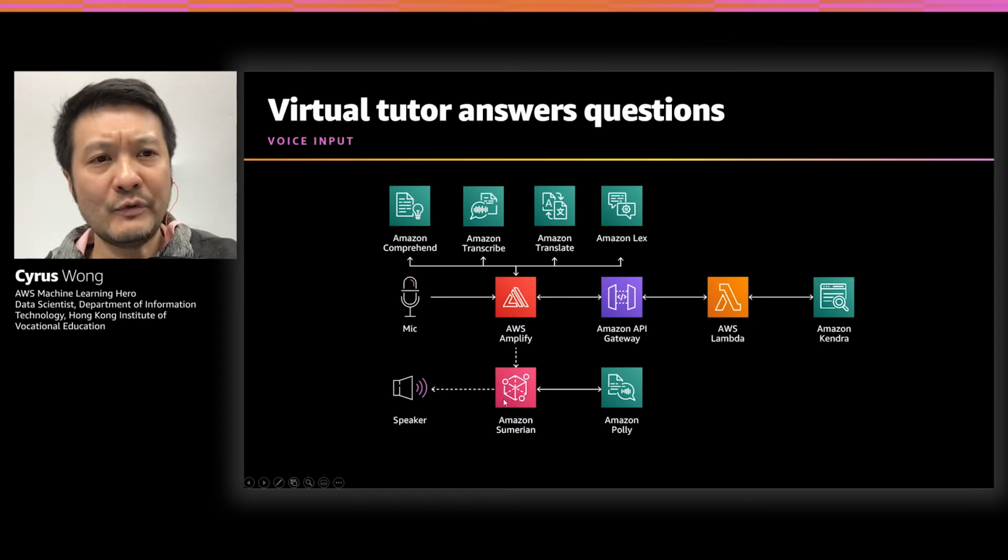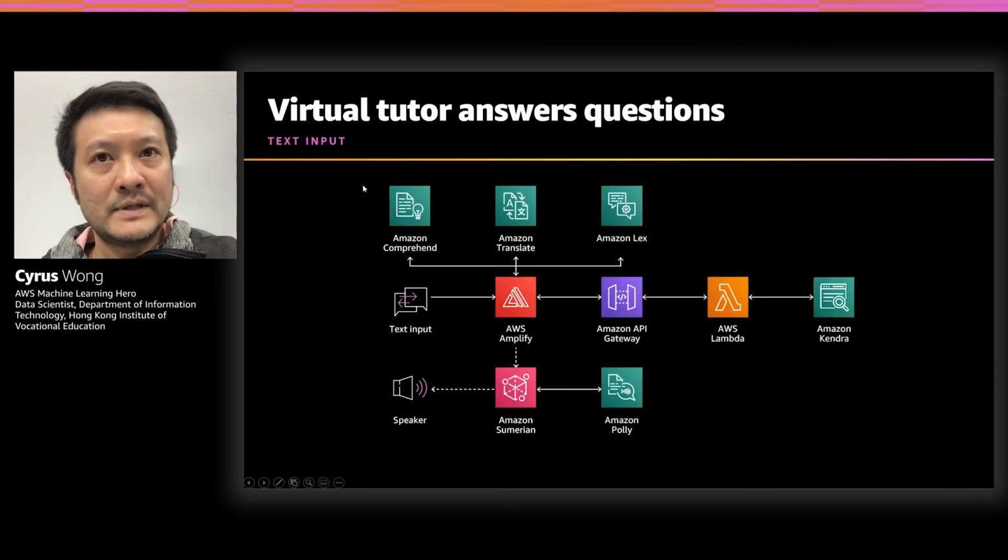We make use of Amazon Polly to convert the text answer into a speech file, and then the Sumerian host speaks out the answer and tells the student. The text answer is also shown in the chat box, so the student can read it.